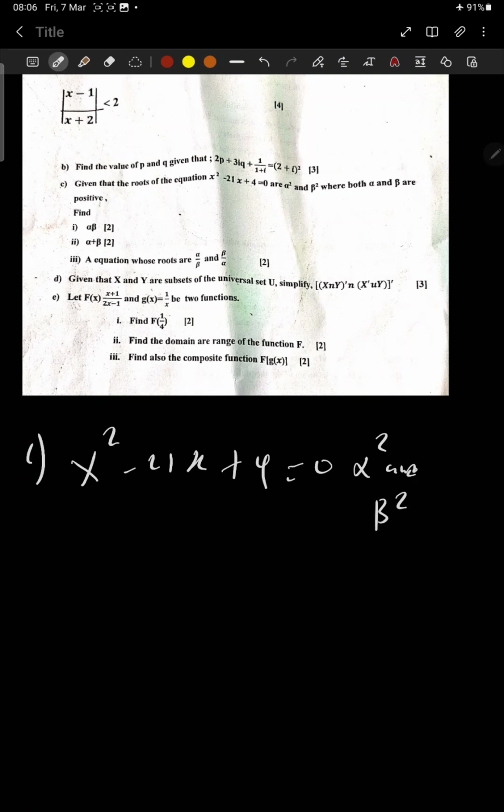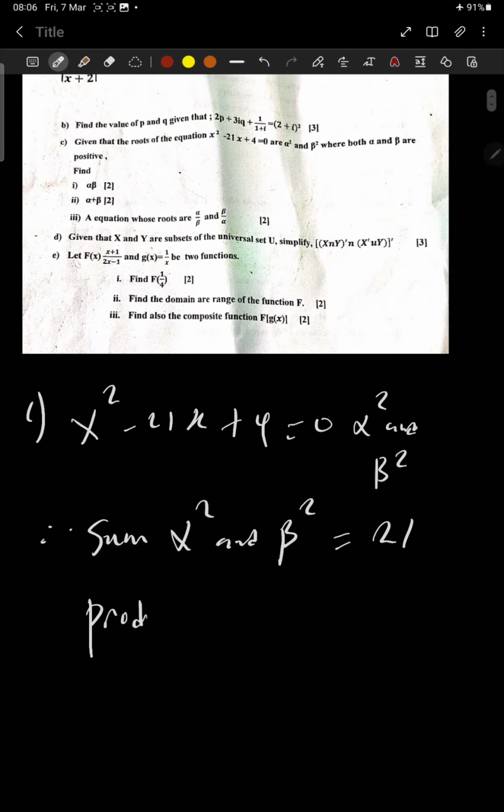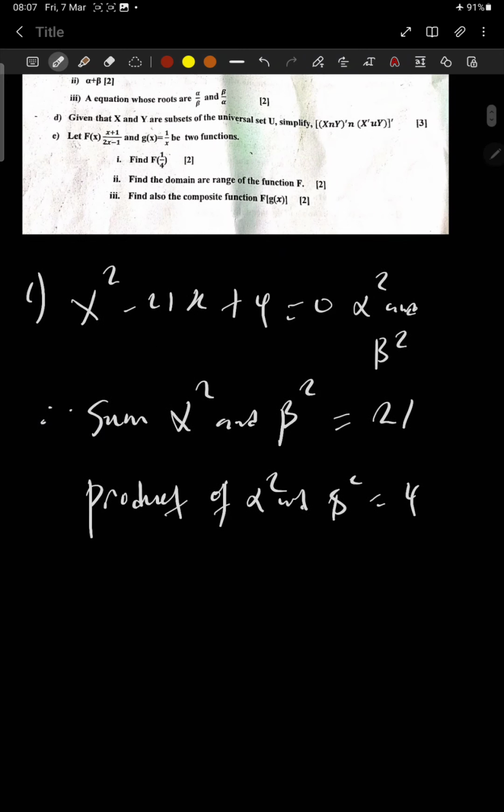You have to understand that the sum of these roots, the sum of alpha squared and beta squared, will be equal to 21, and the product of alpha squared and beta squared will be equal to 4. Why am I saying so?